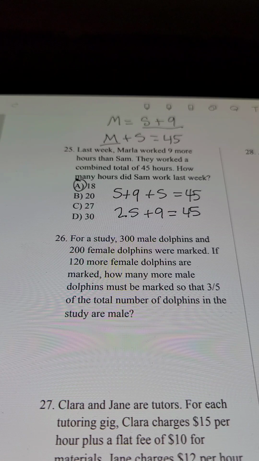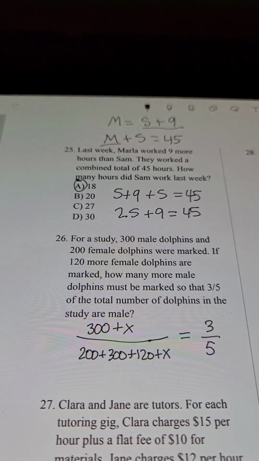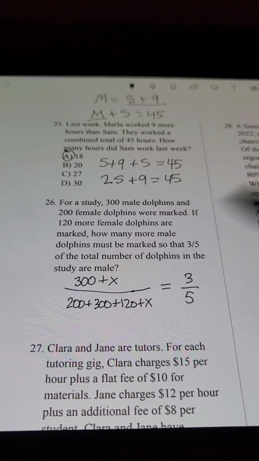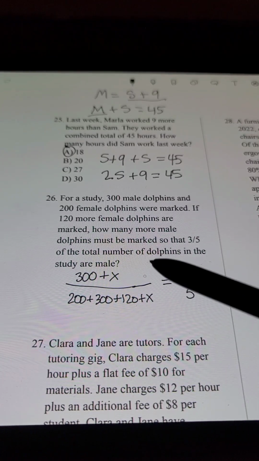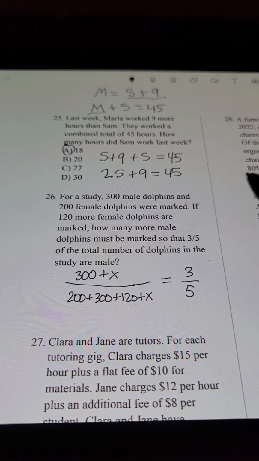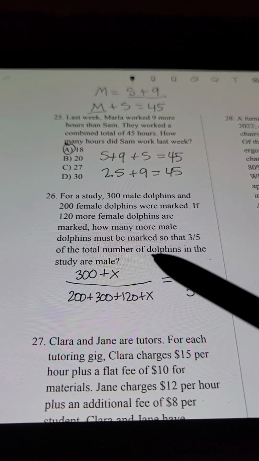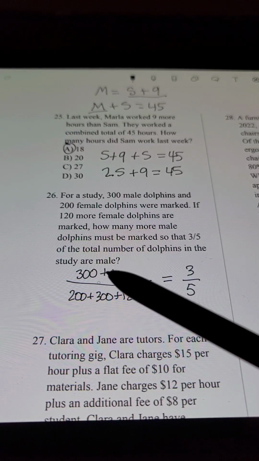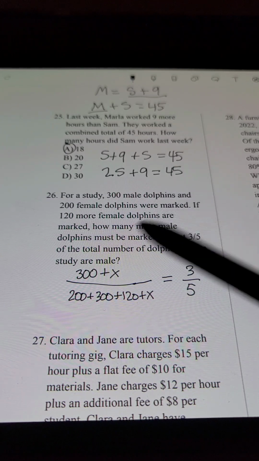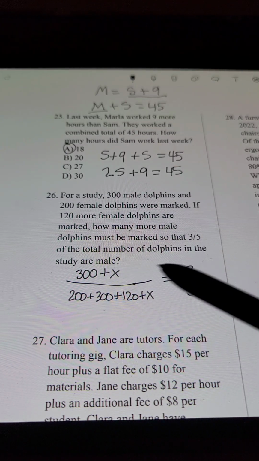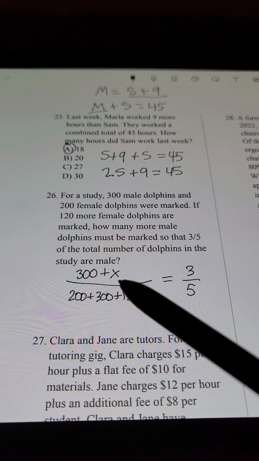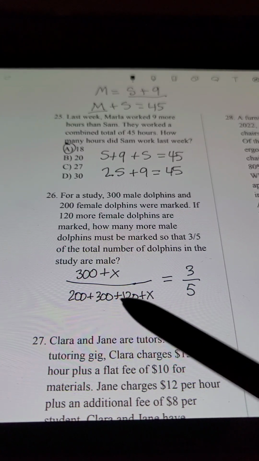Okay, now pause to read 26 if you haven't already. So this whole situation can be represented like this, where X is the number of more males that they're going to mark. So males would be 300 male dolphins that have already been marked plus the X more. And then the total number would be all the females plus all the males.